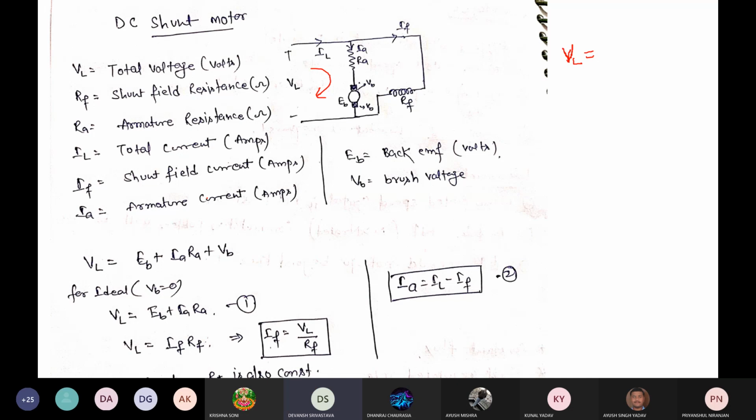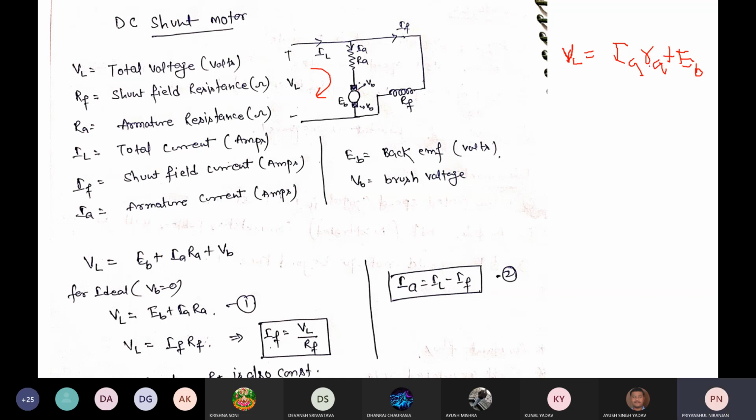IA RA plus EB, sir. IA RA, one second. IA RA plus EB. Good. Okay, then is there any other term? Actually there is also the voltage drop across the brushes.